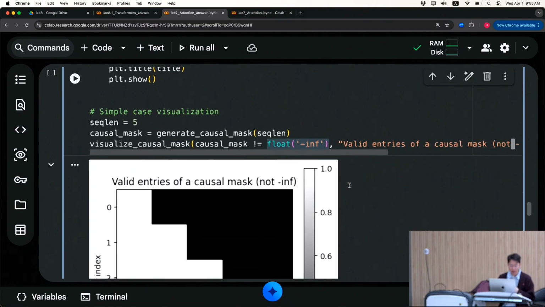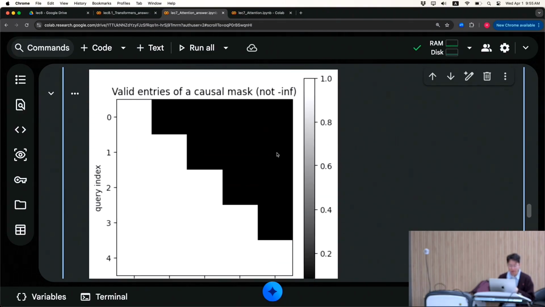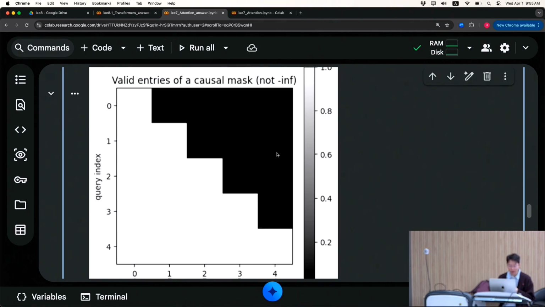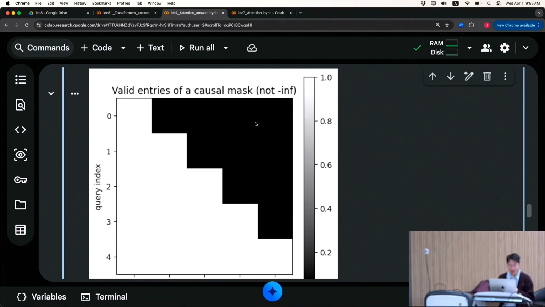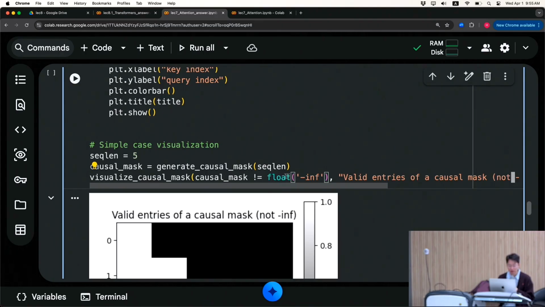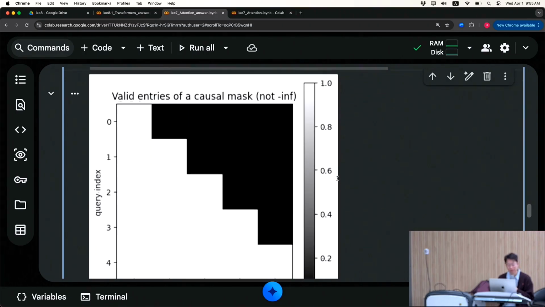So let's visualize it. This is the end result. It shows entries that are not equal to negative infinity.